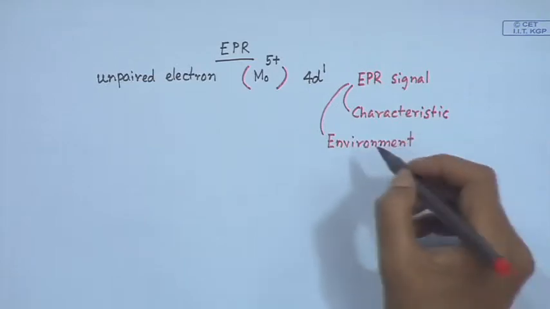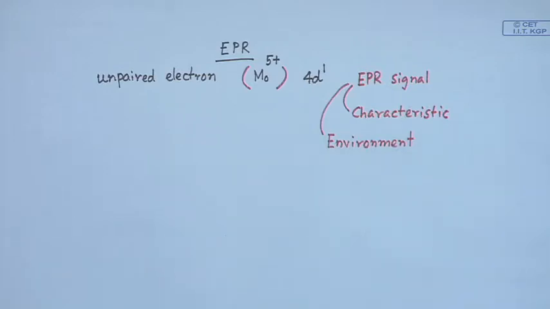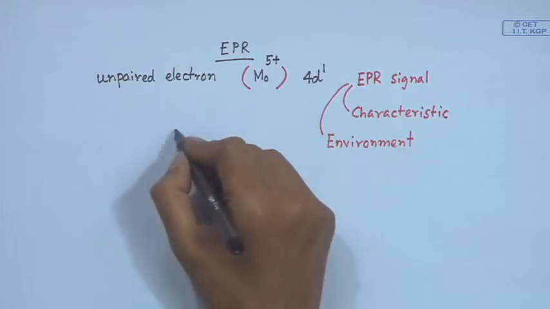In most biological systems, so long as we do not have the exact crystal structure, we do not know how molybdenum is bonded to the other donor groups.